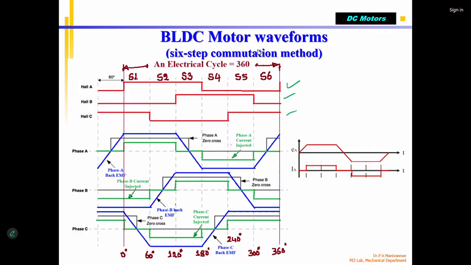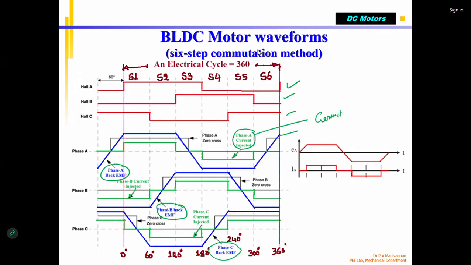You can see the three Hall effect sensor signals. The other one is back EMF. The blue color is the back EMF: back EMF for the A coil, the B coil, and the C coil, because you know that a BLDC motor has 3 coils. Then the green waveform is for phase A, the 3-phase current injected. This is generated by the controller.